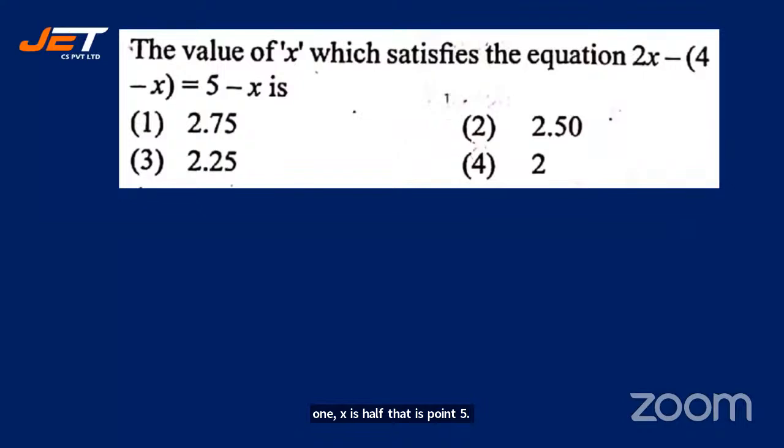The value of x which satisfies the equation 2x minus of 4 minus x is equal to 5 minus x is dash. So you just have to solve this equation and find the value of x, right? 30 seconds time is given to you.